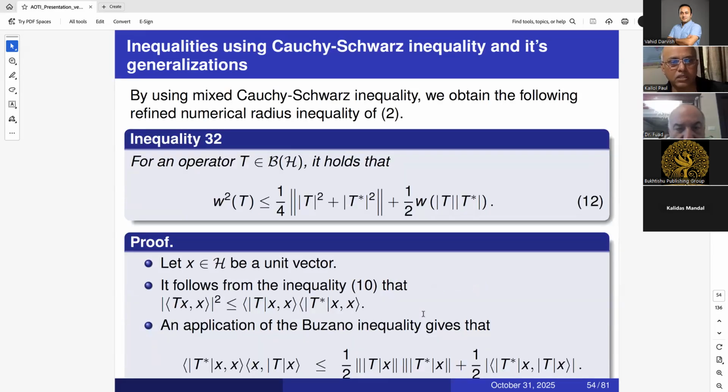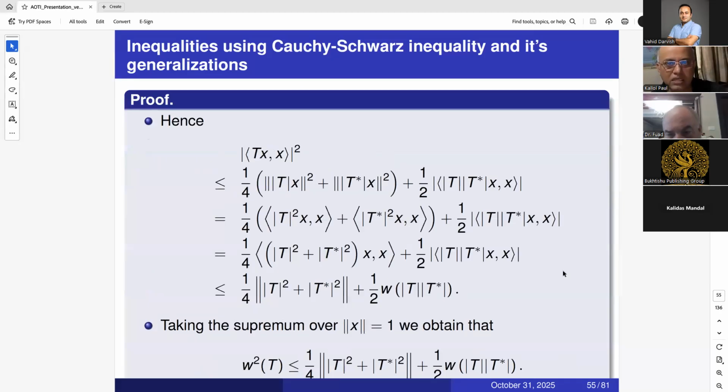Using this mixed Cauchy-Schwarz inequality, you can have the inequality w²(T) is less than or equal to 1/4 times ‖|T|² + |T*|²‖ plus this. So again and again, you need to apply Cauchy-Schwarz and Buzano's inequality to get these inequalities. I'm not getting into this again and again, as it looks very monotonous, so I'm just skipping a few things.